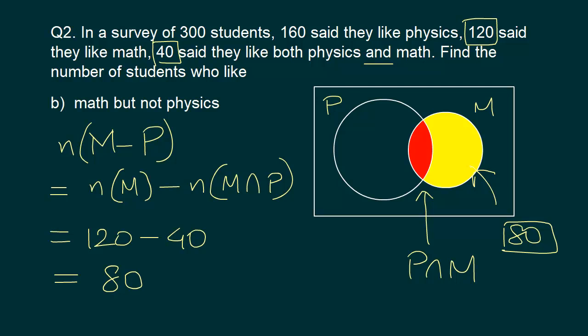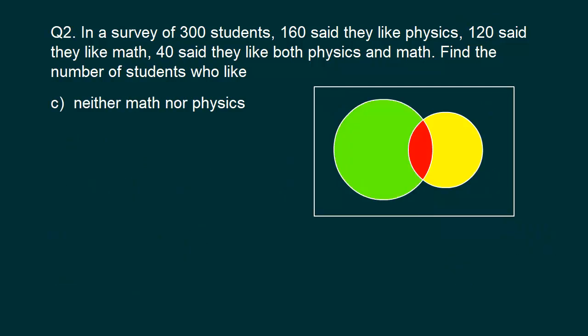Now let's take a look at the third and final part, which is students who like neither math nor physics. Now, what does this represent, the one that we have already colored here? So we just talked about it, this over here represents physics minus math.